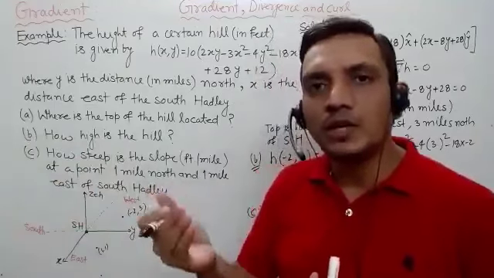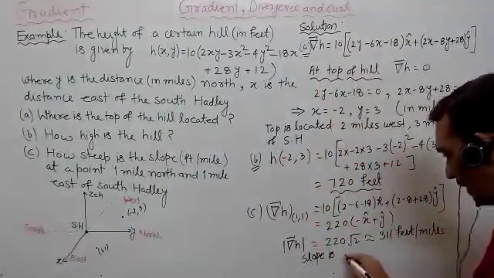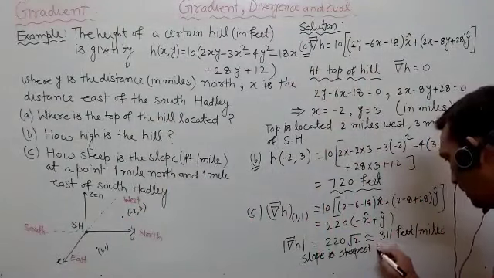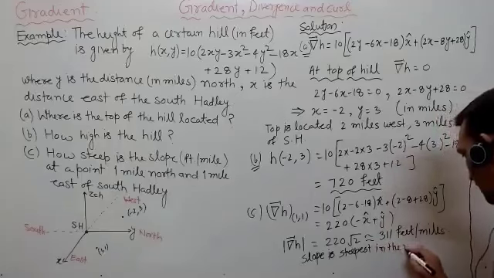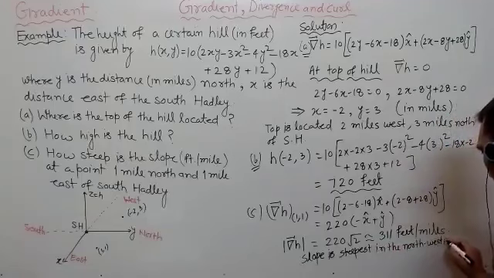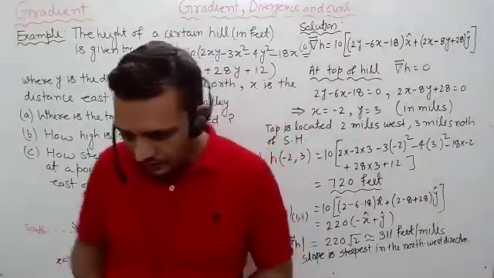Whenever you have to find the normal, you have to use that condition. So in this case, the slope is steepest in the northwest direction. That is the meaning of gradient: in the direction of the gradient, the slope will be steepest.